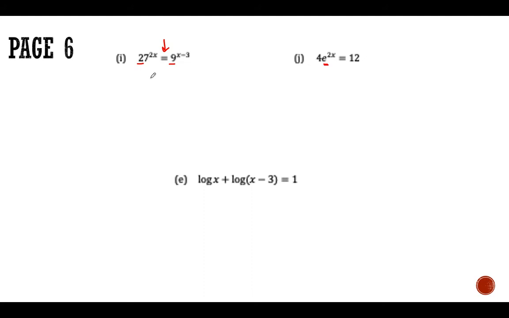My strategy was to rewrite to the same base because I had exponents on both sides. Here I only have an exponent on one side.